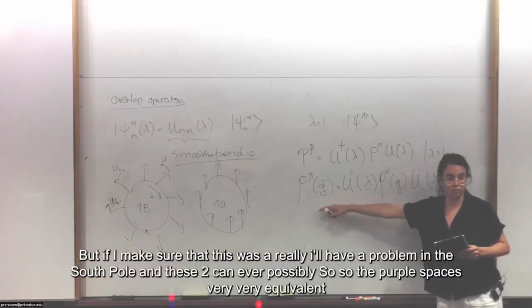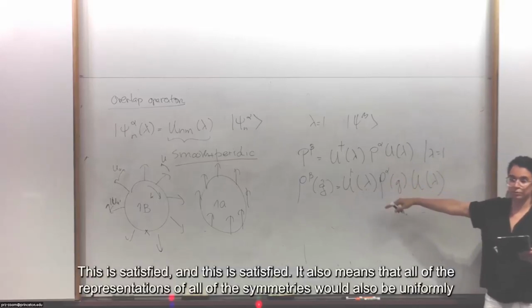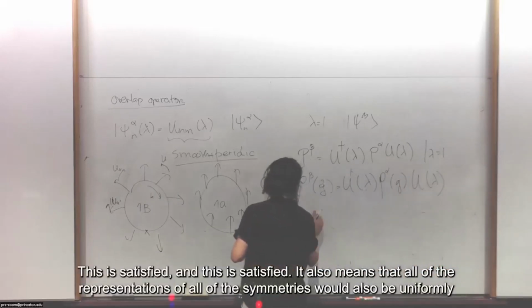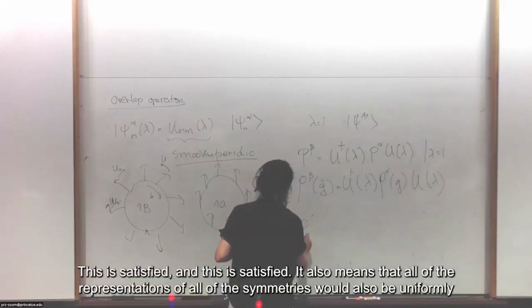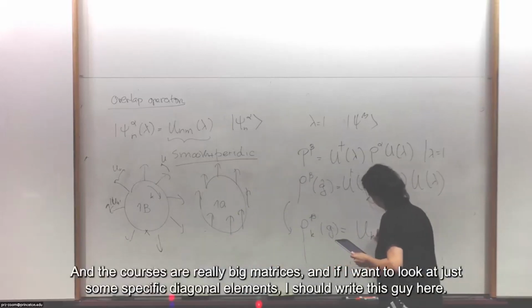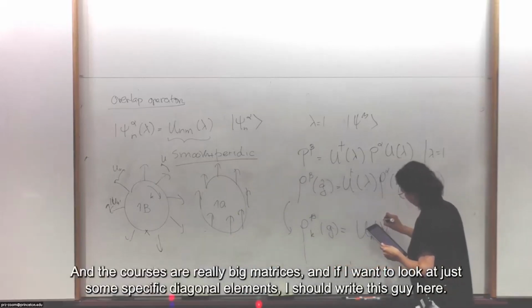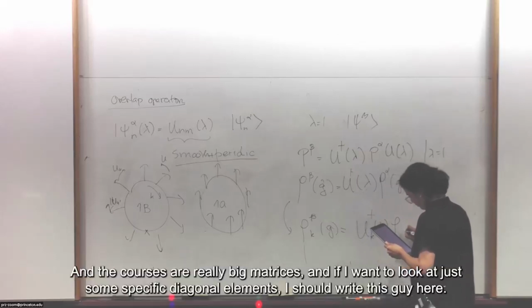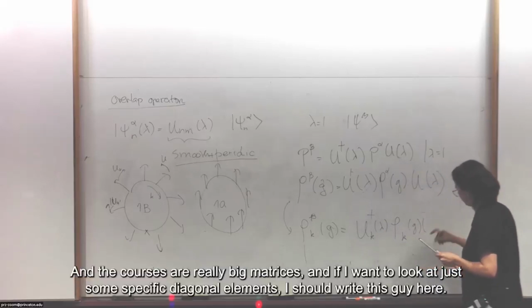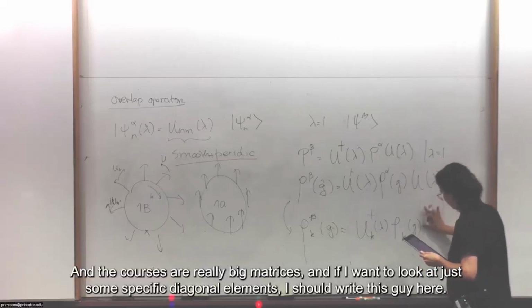And if I want to look at just some specific diagonal elements, I should write this guy here in momentum basis as... I'm going to write it only with one index because it's basically the diagonal entries.